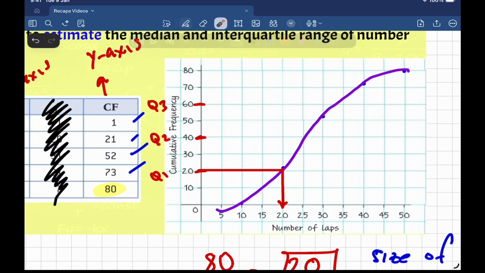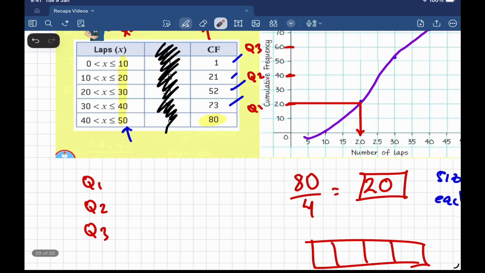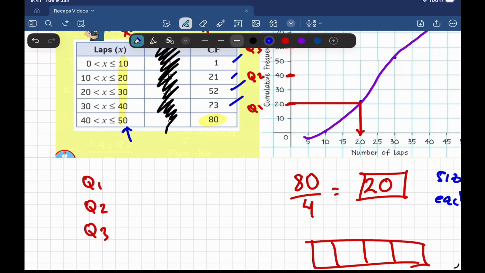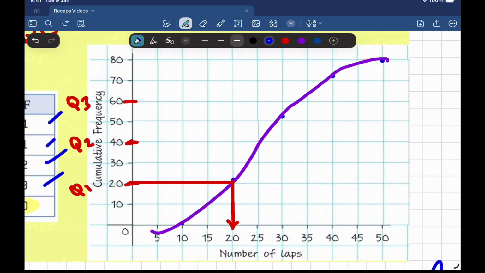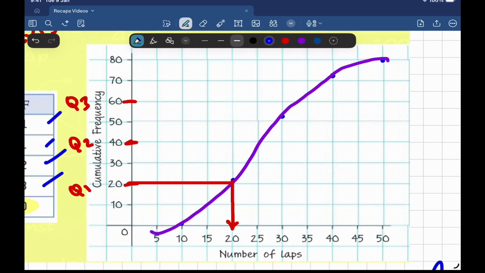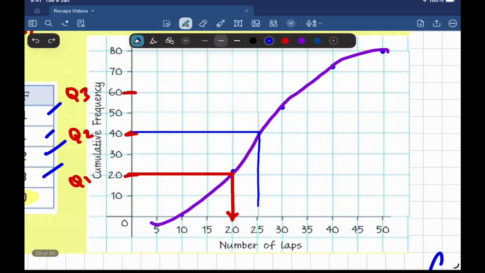So as you can see, Q1 for us is going to be 20. So we can say Q1, this is an estimation, is 20. We can do the same with Q2. We are going to draw a line touching the curve, then going down.